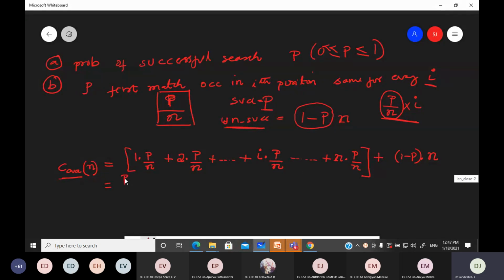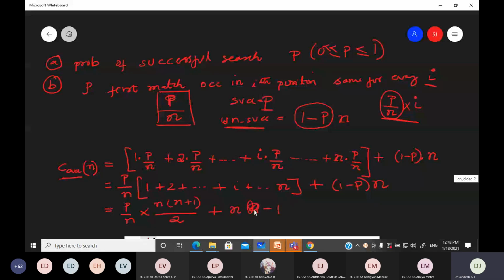That means if you take P by N as common, this will be 1 plus 2 plus i plus N, plus 1 minus P into N. So this series 1 plus 2 till N will be given by P by N into N into N plus 1 divided by 2, plus N into 1 minus P. If you solve this, you will get P into N plus 1 divided by 2 plus N into 1 minus P.